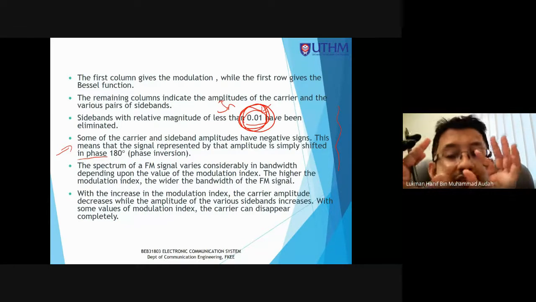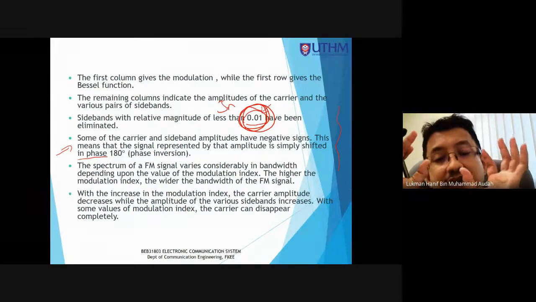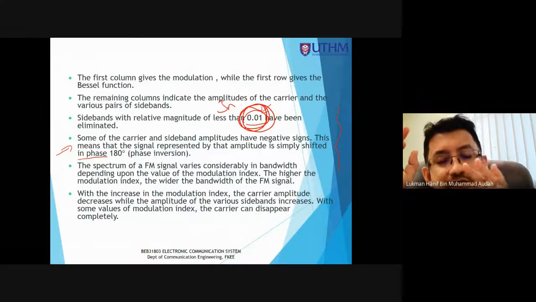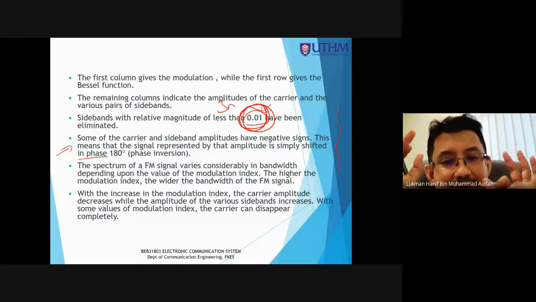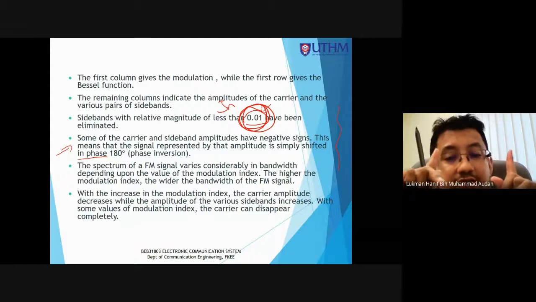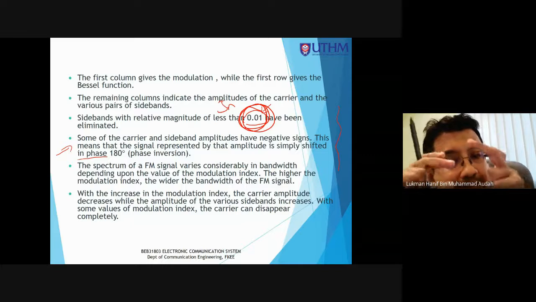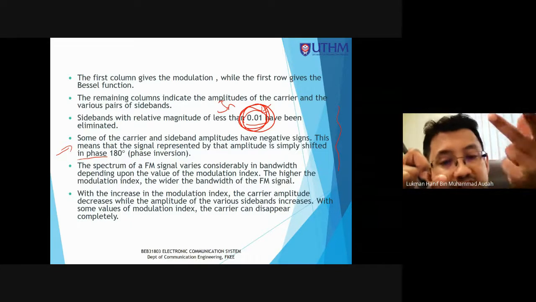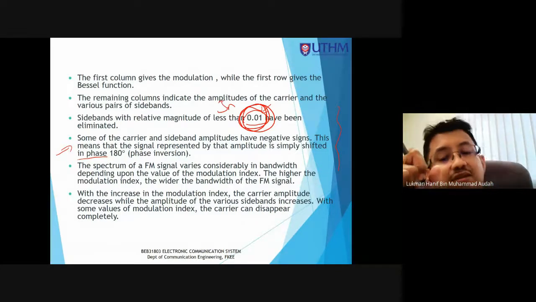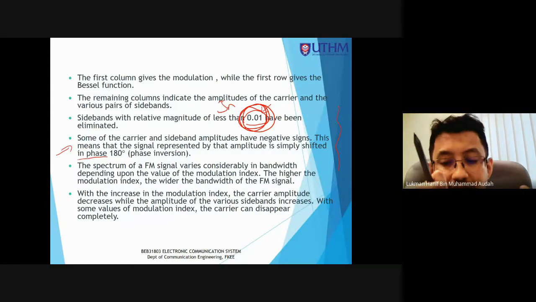Beza titik perpuluhan saja, dia bukan beza nilai. Sikit je, very small. Theoretically, it is equal to PC. But when you calculate using your table, you will get approximately equal to PC. Hampir sama, very close. Okay.